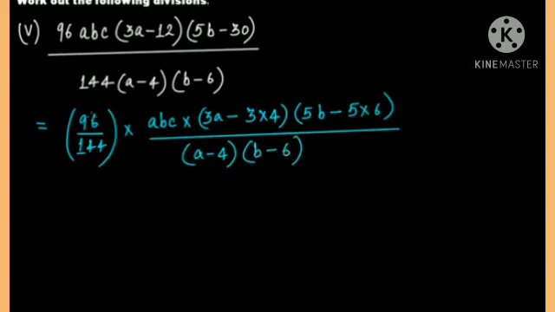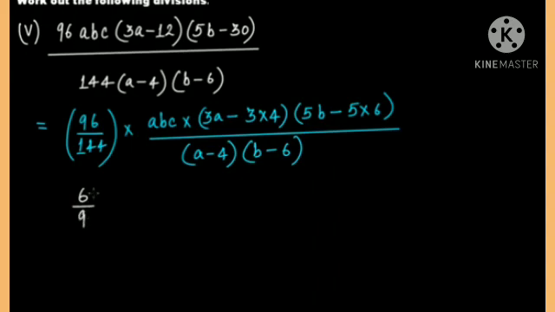From here if you divide this 96 and 144 by 16, the numerator and the denominator by 16. So 96 divided by 16 will give you 6, and 144 divided by 16 will give you 9.